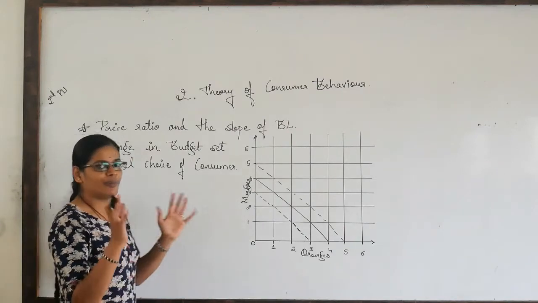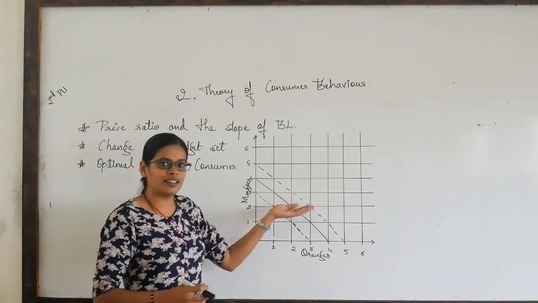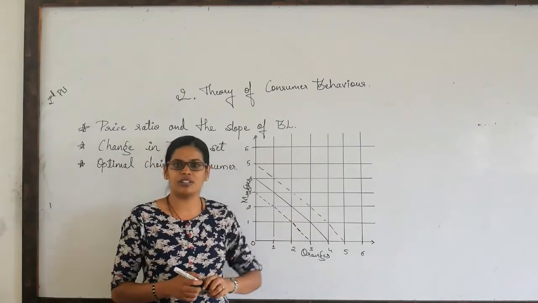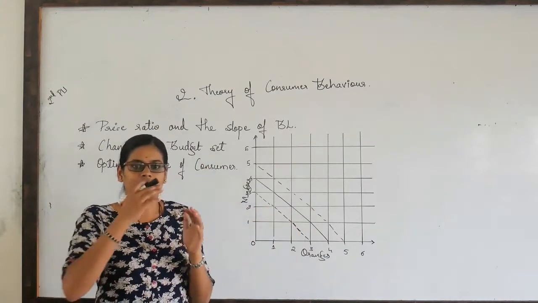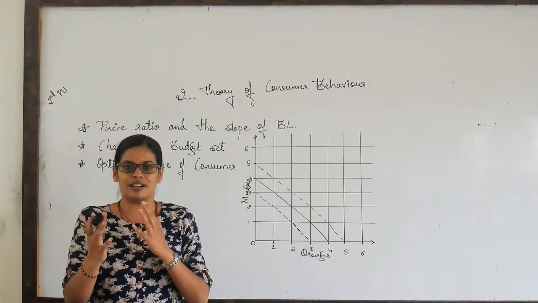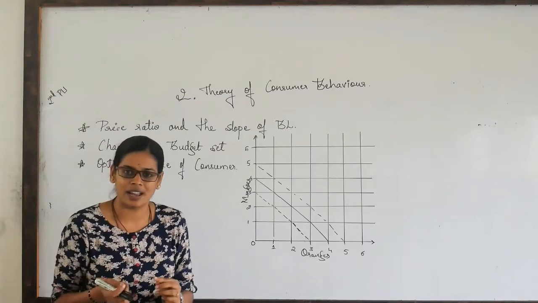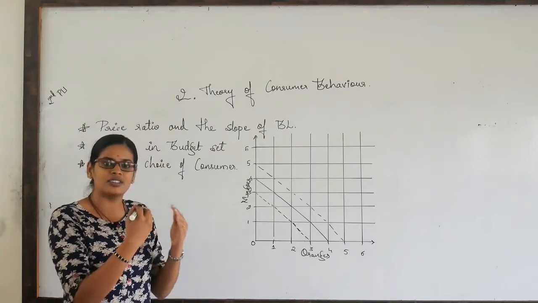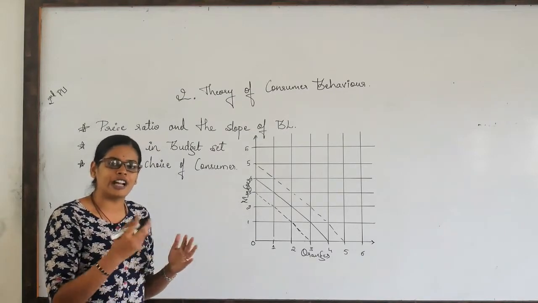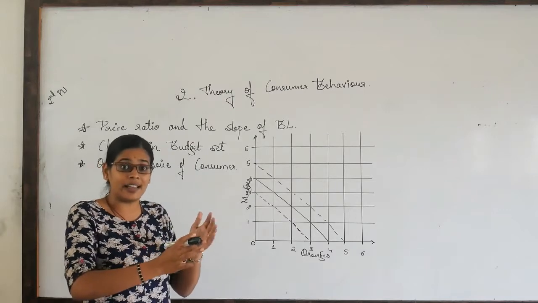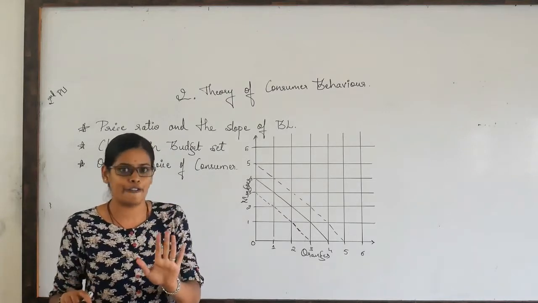So what is this price ratio and the slope of the budget line? I hope you all remember the graph wherein we discussed the indifference curve, the combination of bundles, the mangoes and the oranges, wherein the consumer made the choice between those different kinds of bundles, keeping in mind that the consumer's income is fixed.